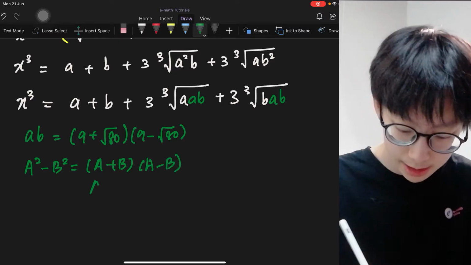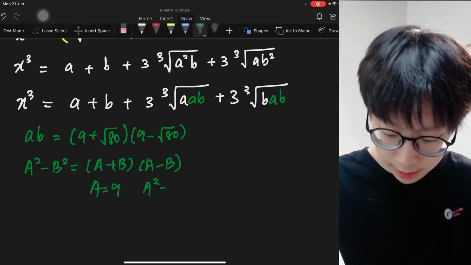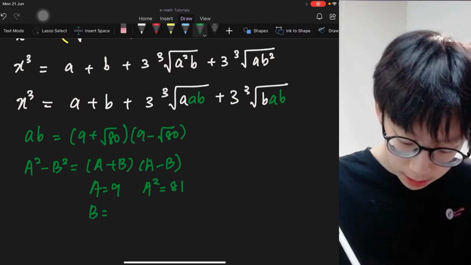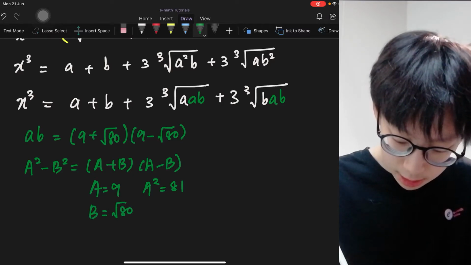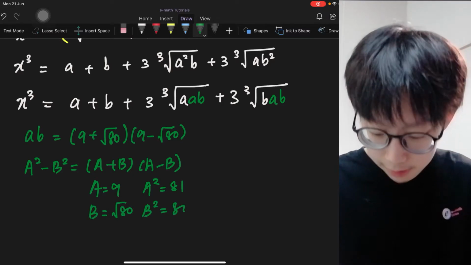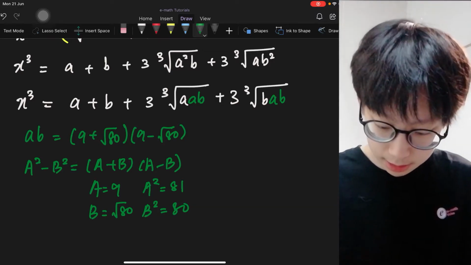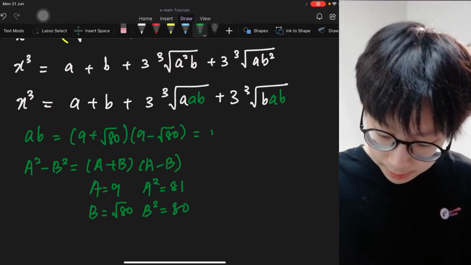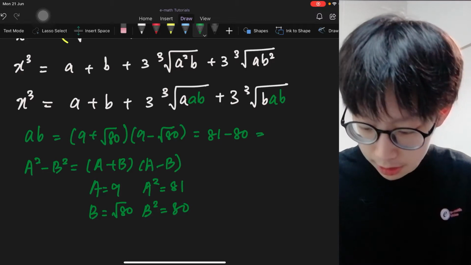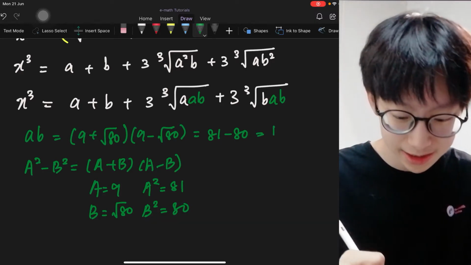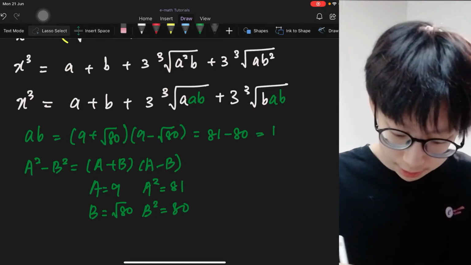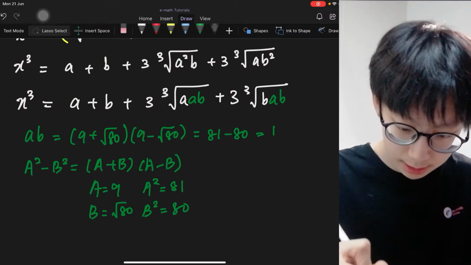In this case, your a is 9, so a squared is 81. Your b is square root of 80, so b squared is 80. You see, very nice, because it is just 81 minus 80, which is just 1. Very nice, isn't it? So let me clear this one. I don't think we need this.